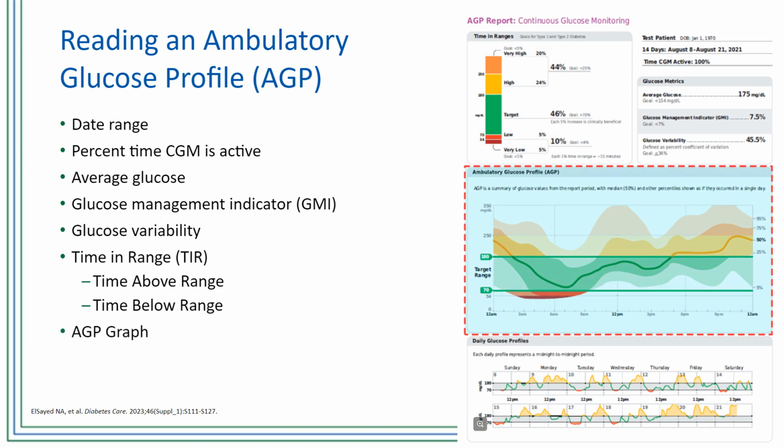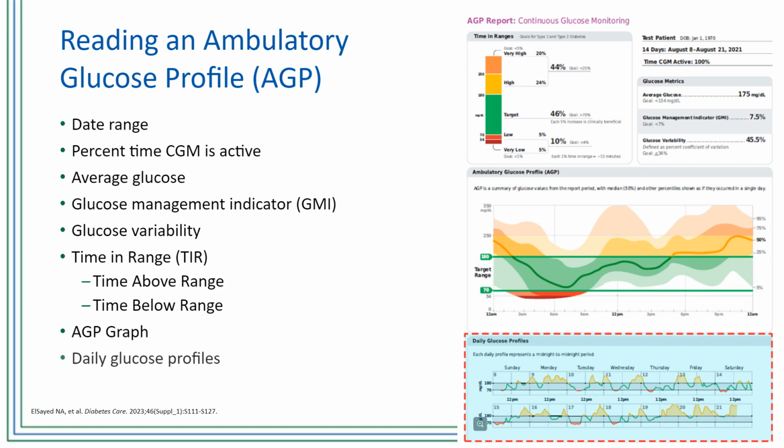You see that in the little vertical line off to the right, and then you also see that in the center part, those ups and downs, those are overlaps of all of the days, combining those 10 or 14 days into one chart. And then way at the bottom, you'll see those glucose daily profiles. Those break down every day where they were up and down.